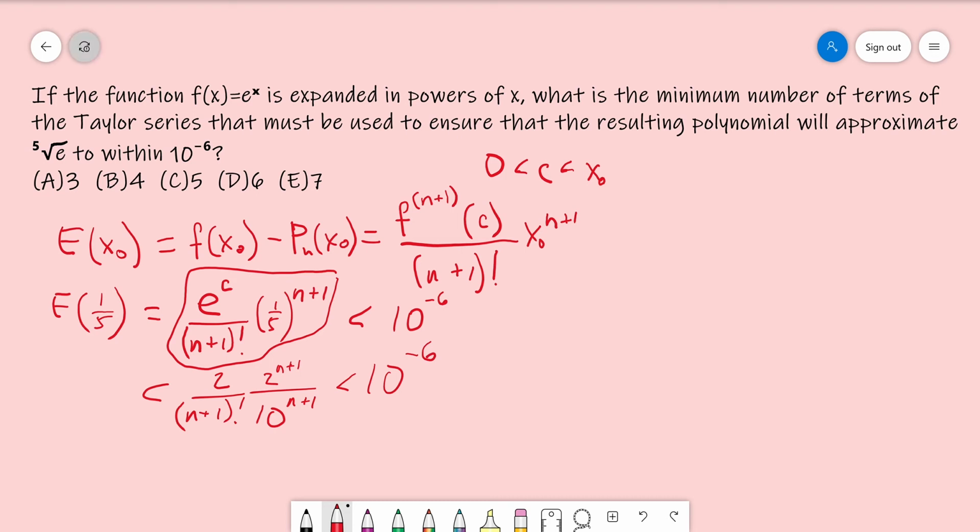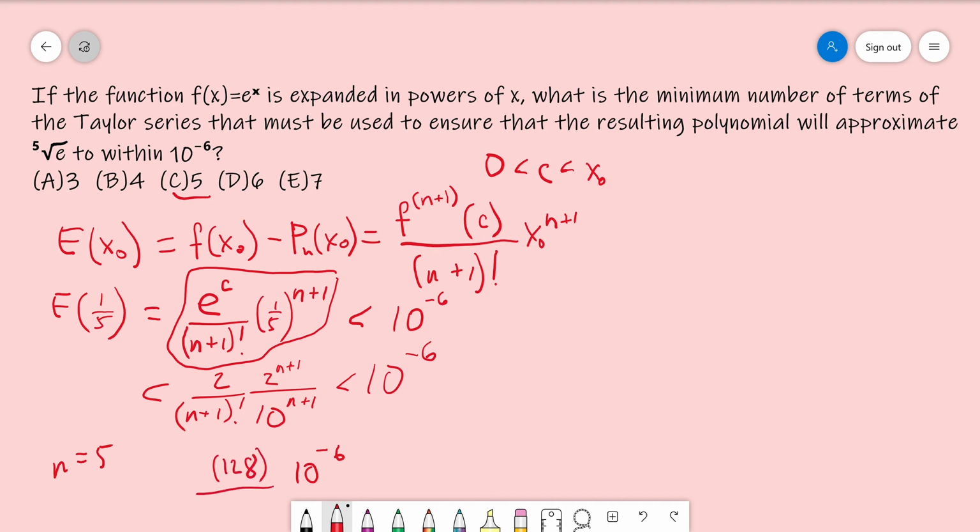Well, let's try 5 for the middle option, because that'll give us 10 to the negative 6 there. So for n equals 5, we get 10 to the negative 6 times 2 to the 5 plus 1 is 6, and then we have another power of 2 here, so that's going to be 2 to the 7th, which is 128.